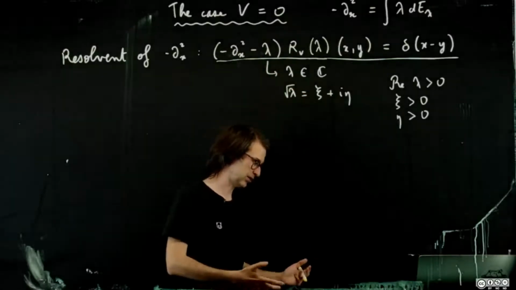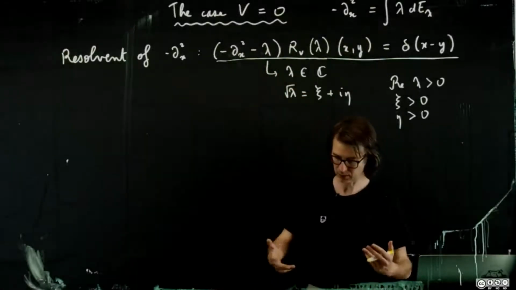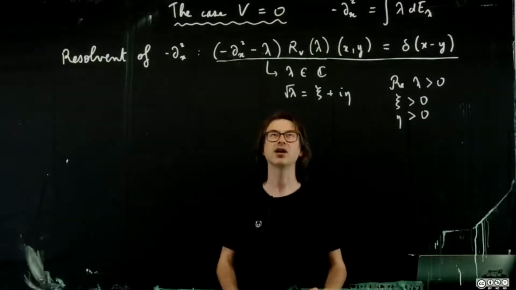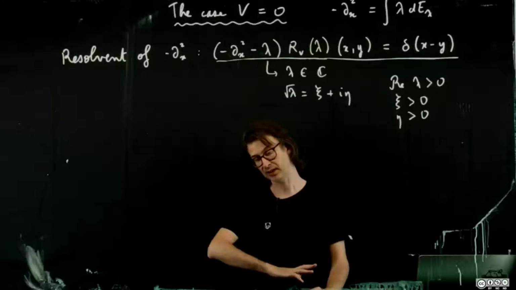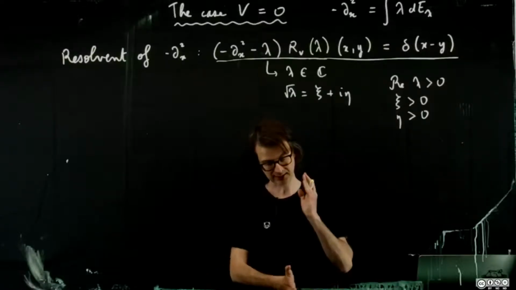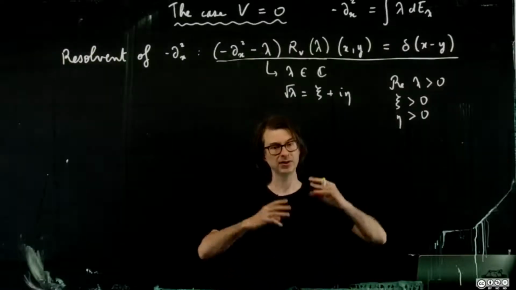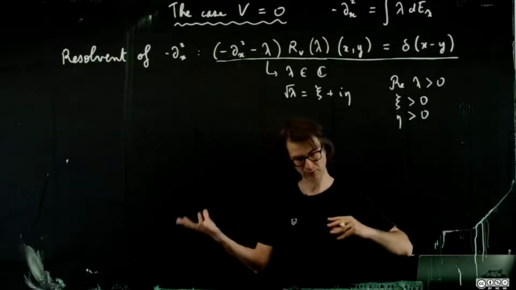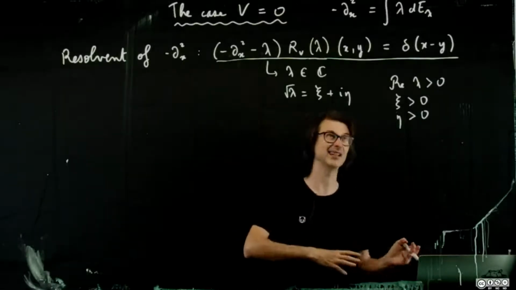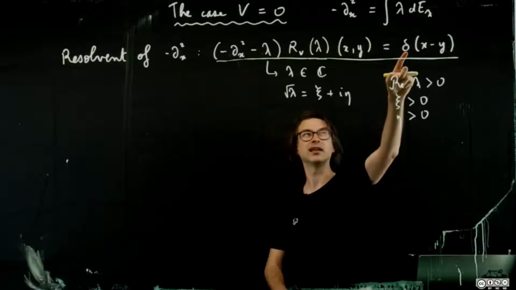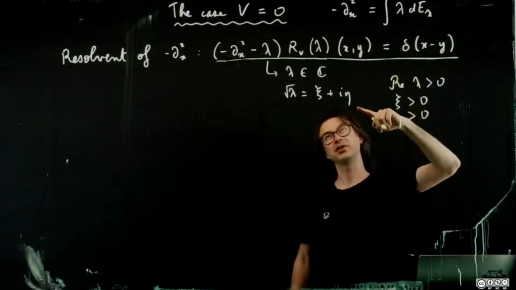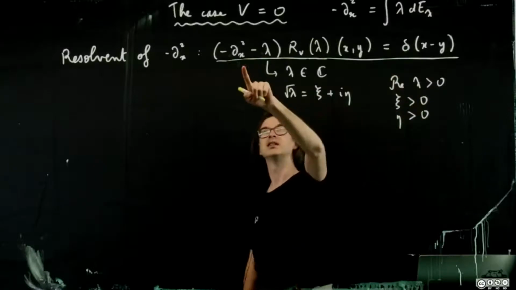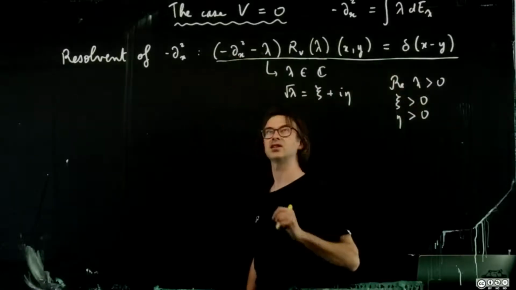And we know the solutions are given by complex exponentials. You have a complex exponential for x different from y, and at x equals y, you need to match the left-hand side and the right-hand side so as to get this delta as a result. So delta is the jump in the first derivative, because on the left-hand side you have dx squared.